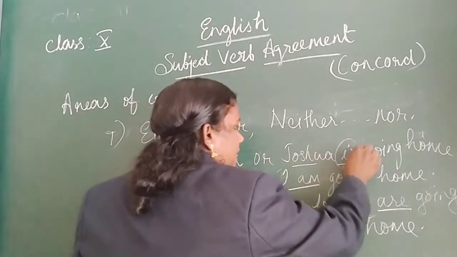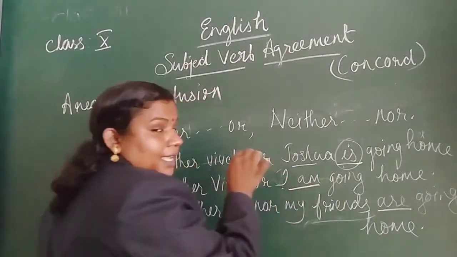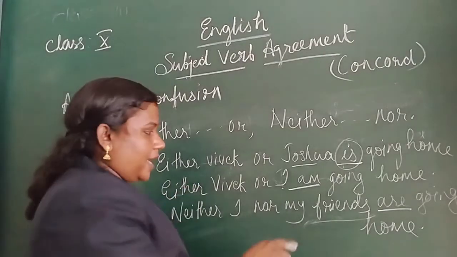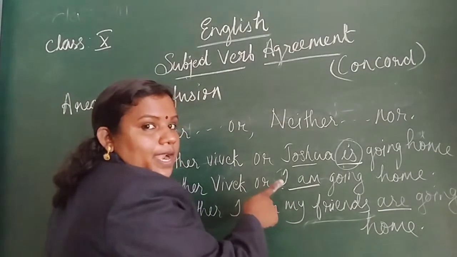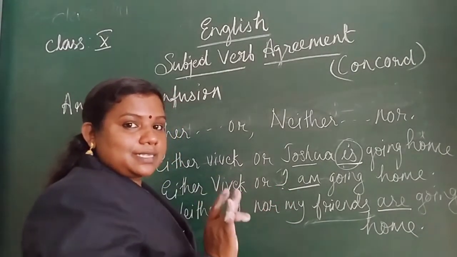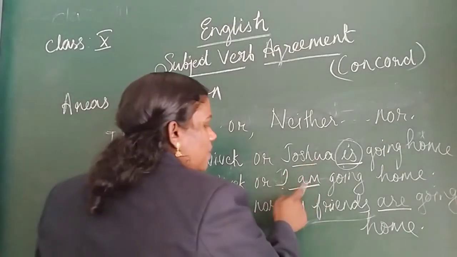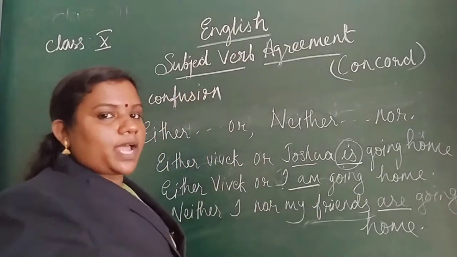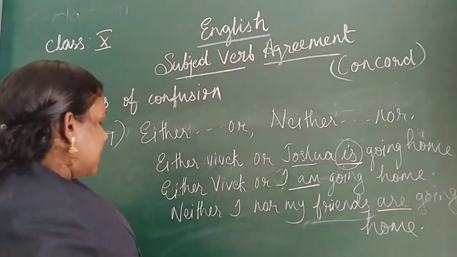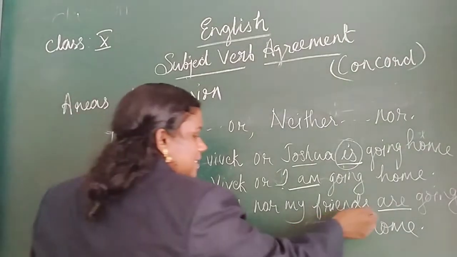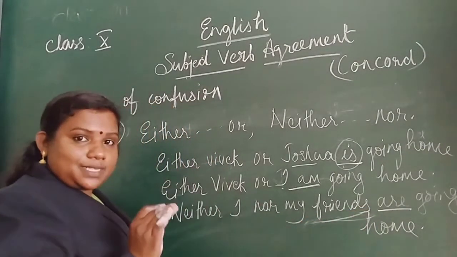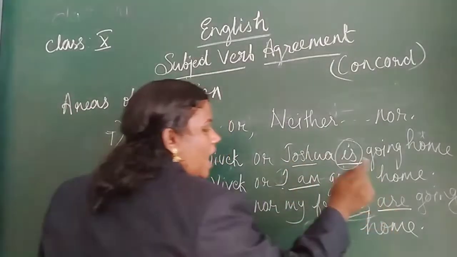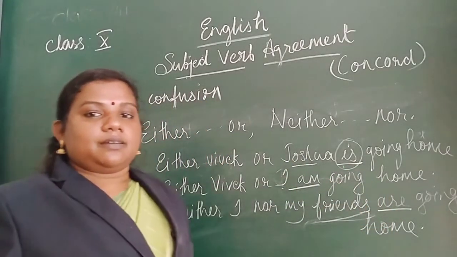So, is will come. Here, I is the closest noun or subject. So, I am; we cannot write I are. Here, friends is the closest subject, so are will be the verb.